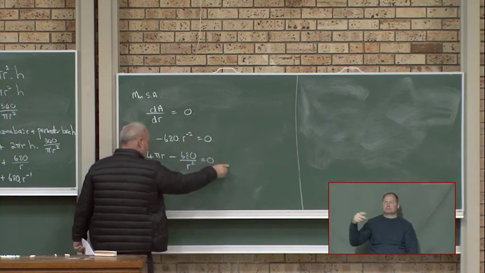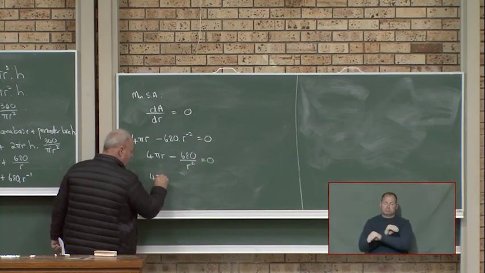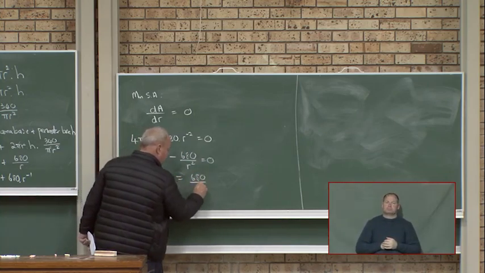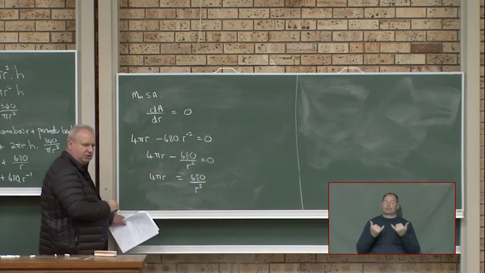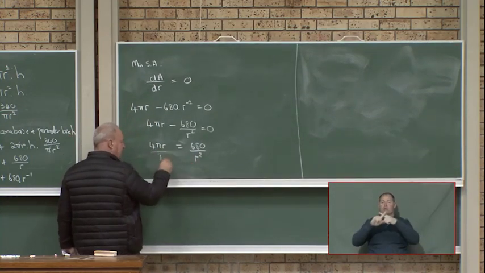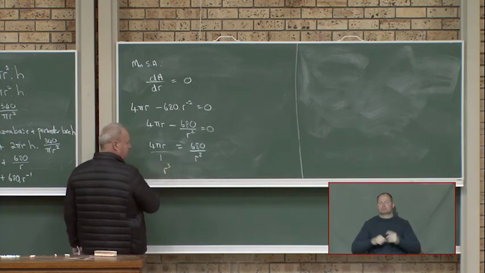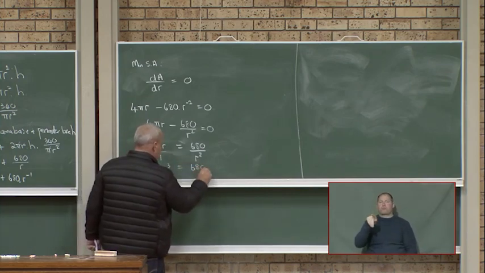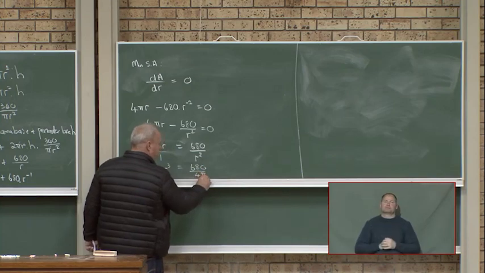I'm going to take that across. So I'm going to say 4 pi r is equal to 680 over r squared. Now I want r the subject of the formula. I'm going to cross multiply. That times that gives you r cubed, correct? And I'm going to divide by 4 pi, so it's 680 over 4 pi, correct?